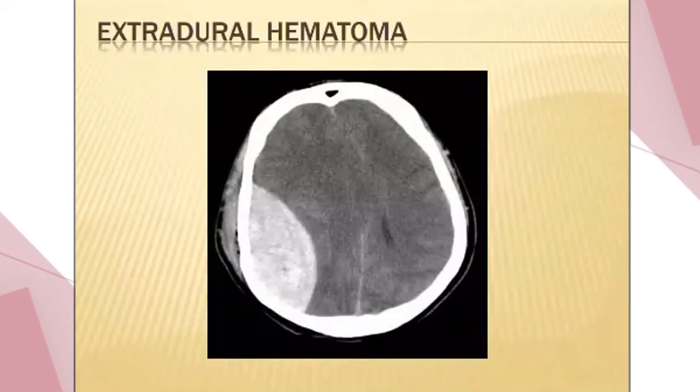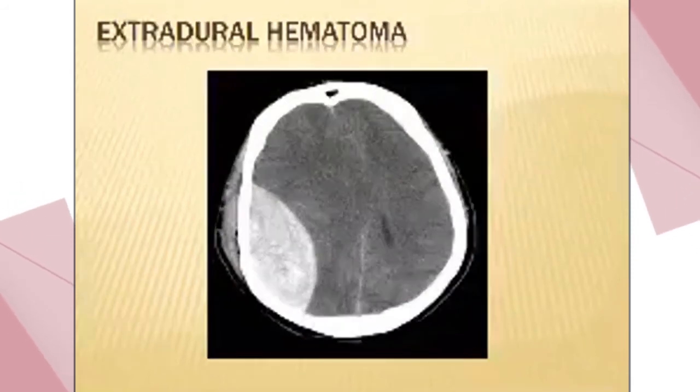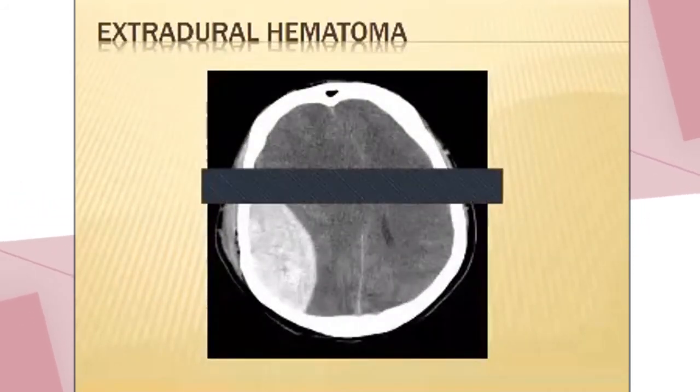How does the extradural hematoma look? The extradural hematoma looks biconvex in shape. It is hyperdense, a white structure. It is limited by the coronal and the lambdoid sutures and looks biconvex.